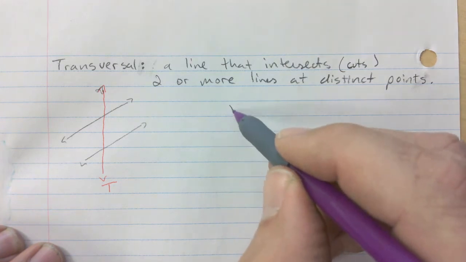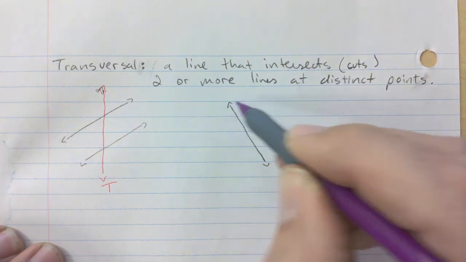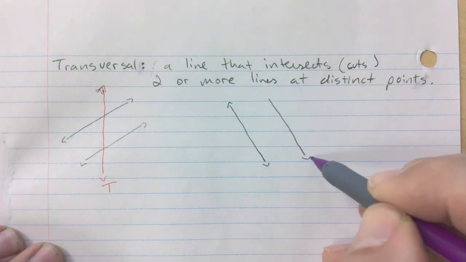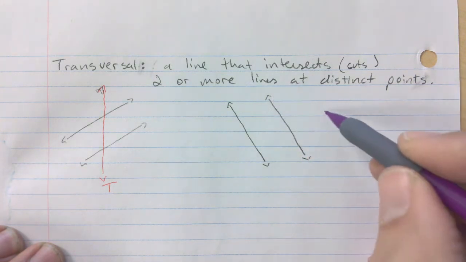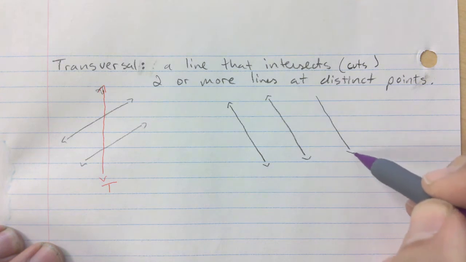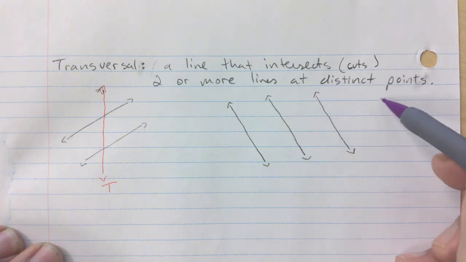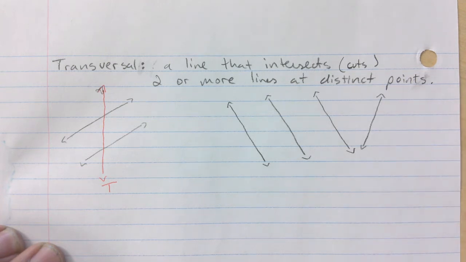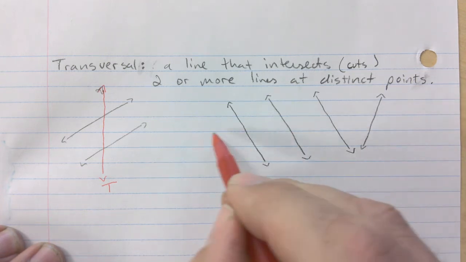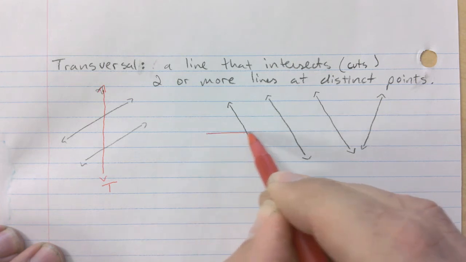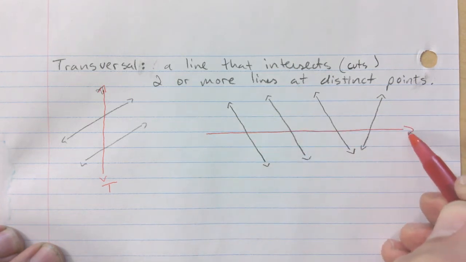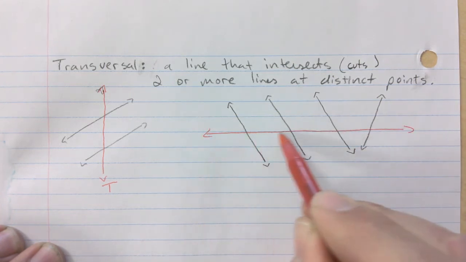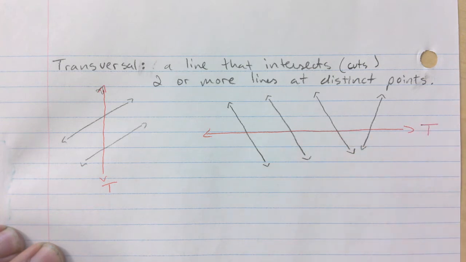You could have just a bunch of lines going every which way, and this is a transversal that cuts through a bunch of lines like that.